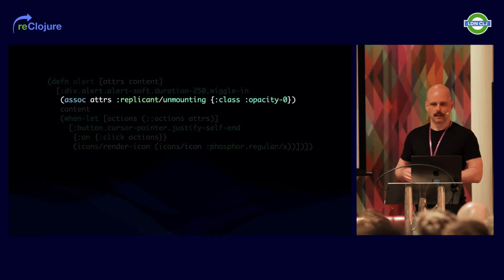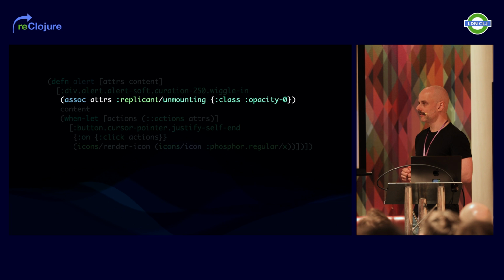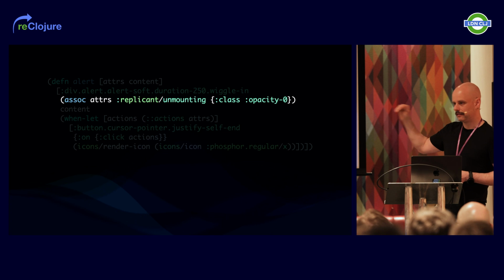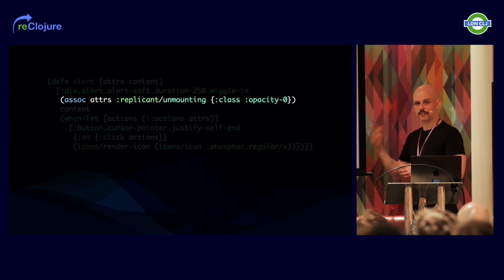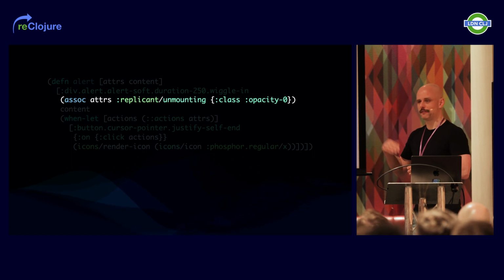Replicant/unmounting is a map of attributes that will be merged onto the element as it is about to leave the DOM. You can put classes in here, inline styles, data attributes, whatever, that will just be merged onto the element, trigger a re-render, and if that triggers a CSS transition, Replicant will wait for it to play out before removing the node.